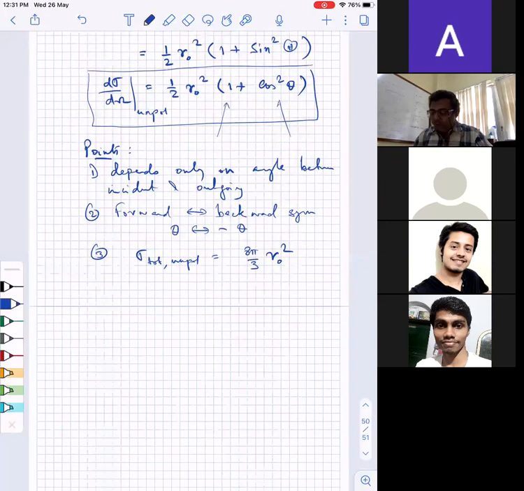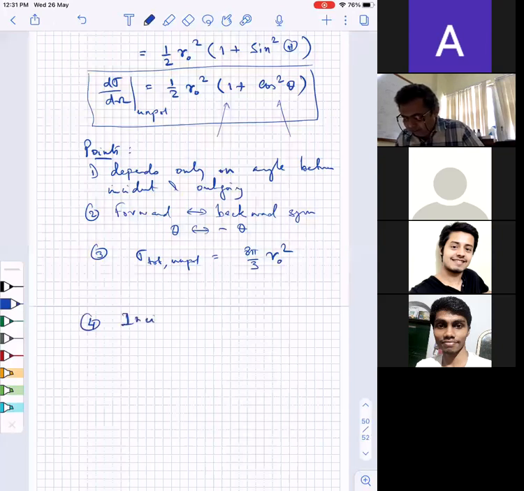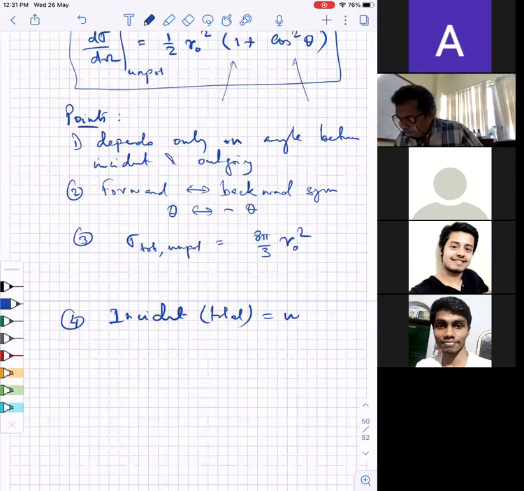And the fourth interesting point is that your total incident, because we have two polarized, so the total incident I can cancel it. The total incident is unpolarized.